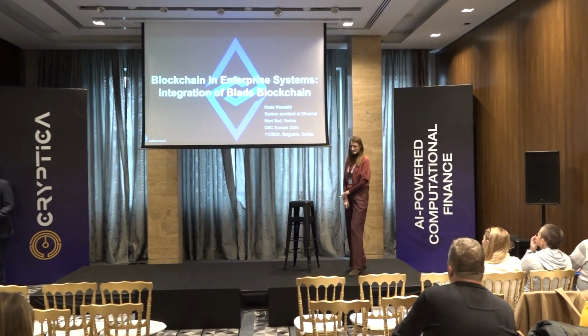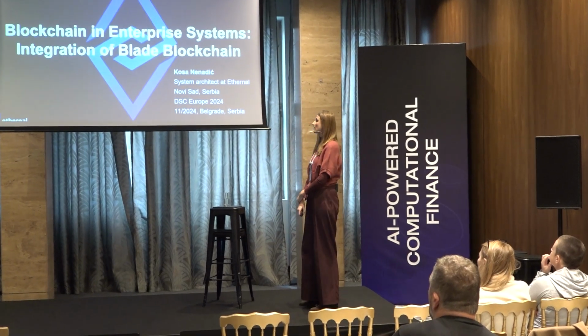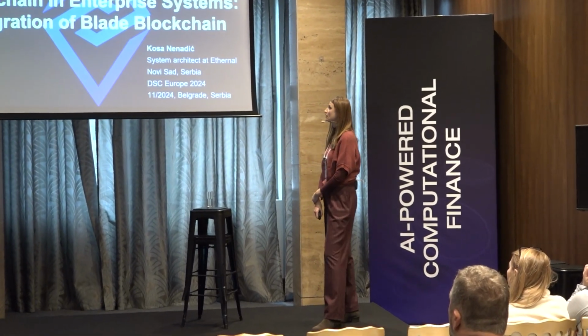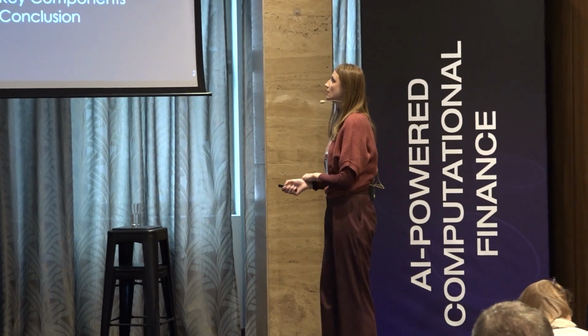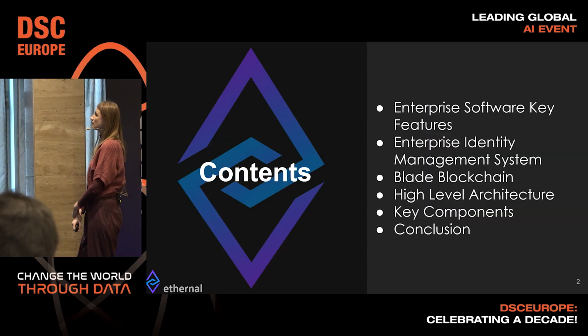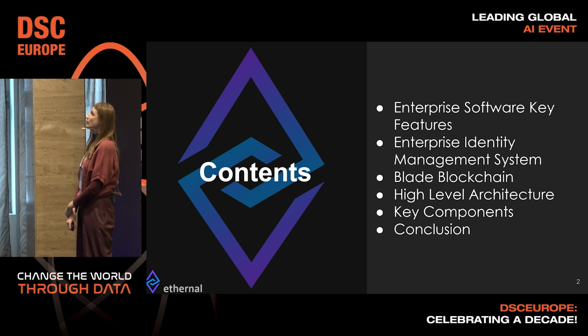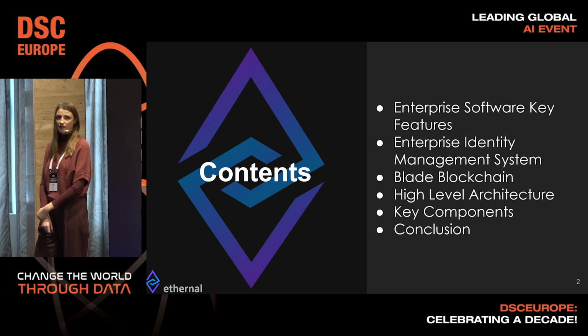Today, as said, I will talk about blockchain in enterprise systems. Specifically, I will talk about integration of Blade blockchain in an enterprise ecosystem. So, in this presentation, I will explain what are the key features of an enterprise software. I will explain what the enterprise identity management system is and how it relates to this topic.